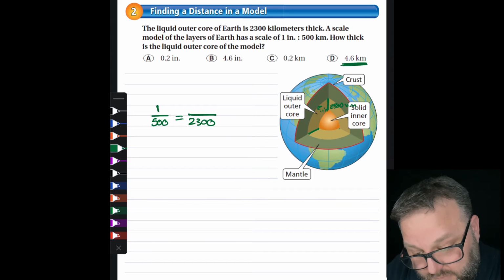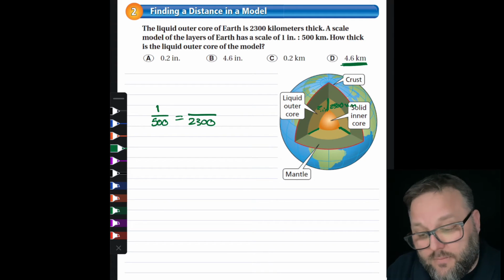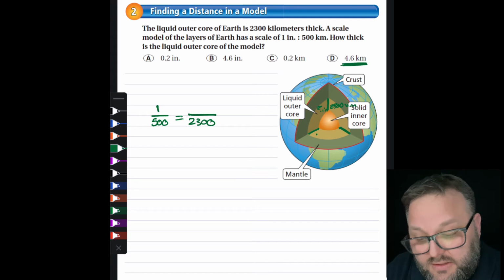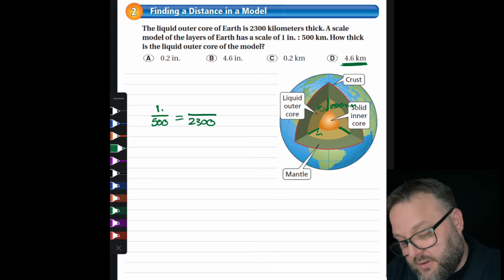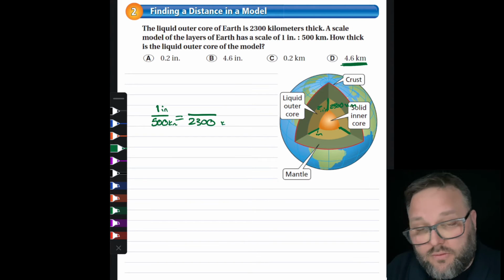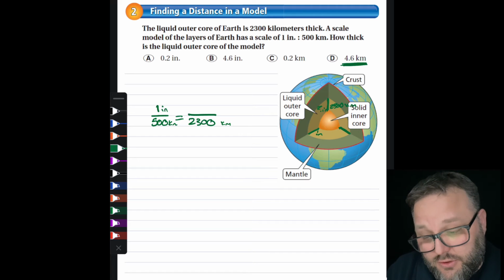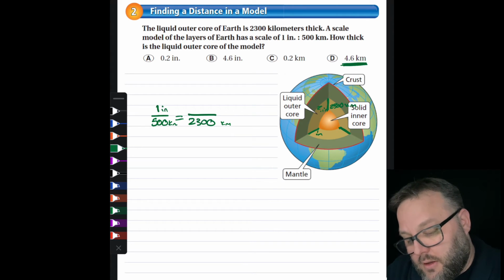Because remember, all of these green lines here would be equal. So let's say it's asking for inches down here. So if I know inches and kilometers, and I create another ratio that are also inches first, numerator, kilometers second, denominator, I'm looking to find this.